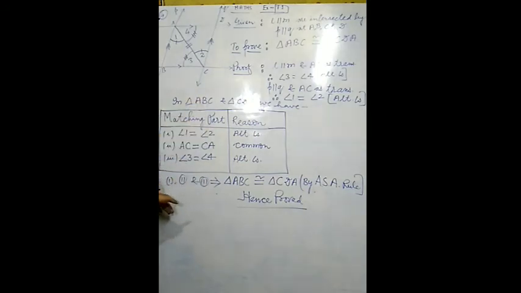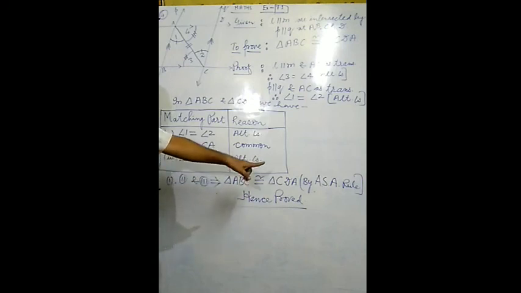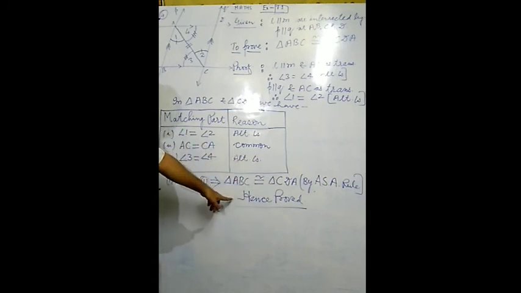After that, you will conclude on the basis of the first, second and third matching which triangles are congruent, and this is what is required. This is proved here by the angle, side, angle property. At last we write, hence proved. Please take a screenshot or note it down in your copy.